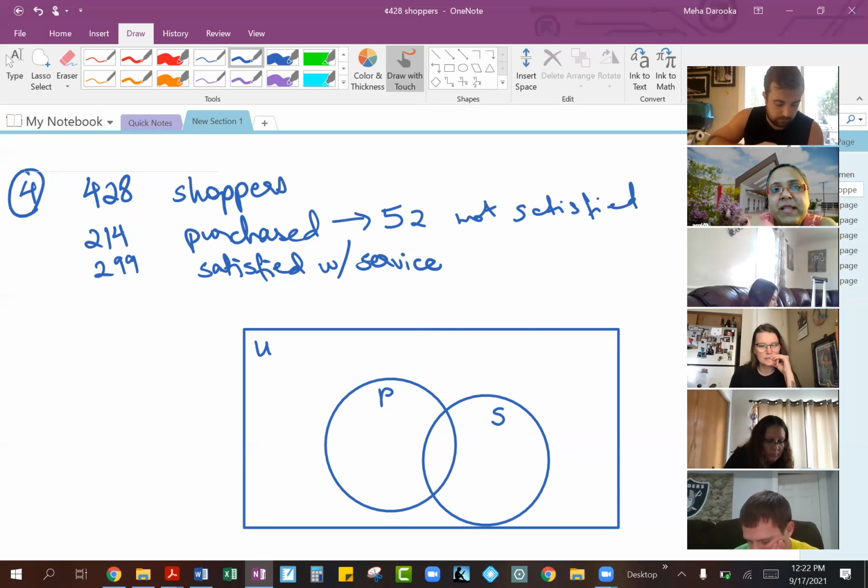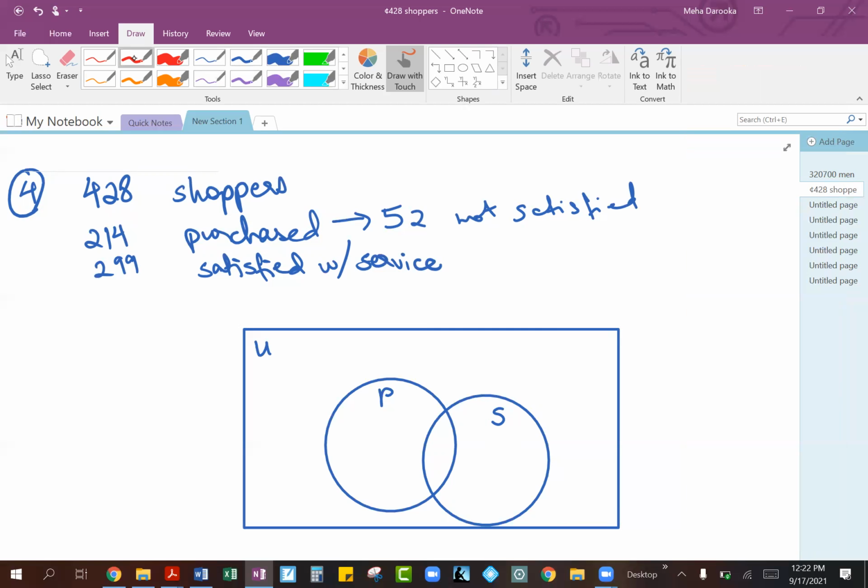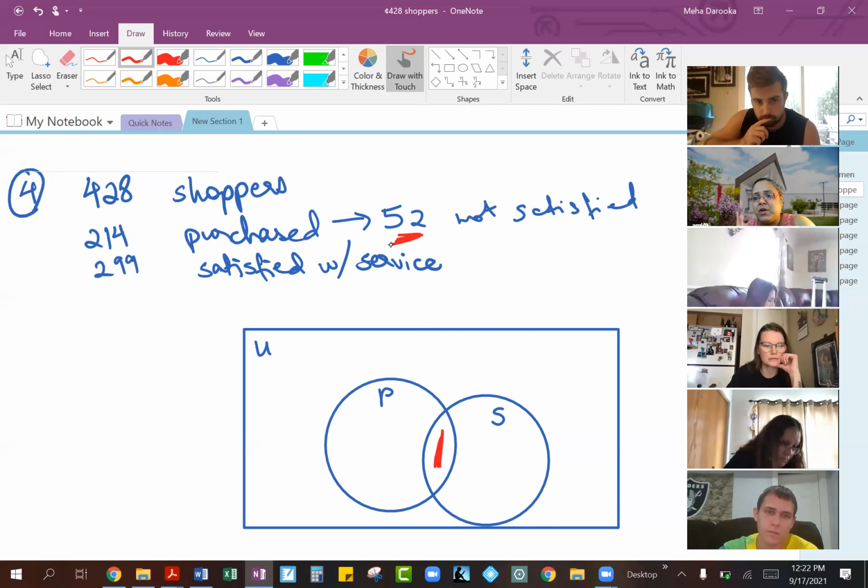Now, this overlapping area over here is going to be between people who were satisfied and who made a purchase, right? So where do you think these 52 people need to go? Because they made a purchase, but they were not satisfied. P. So will I put them in the overlapping area or P but not overlapping?